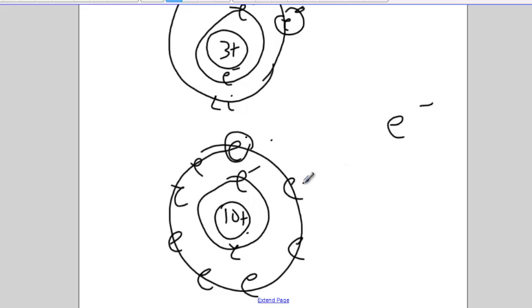So we would expect as we go across, electronegativity is going to increase. It gets easier and easier for that atom to gain an electron. Same trend as ionization energy, increasing as I go across.